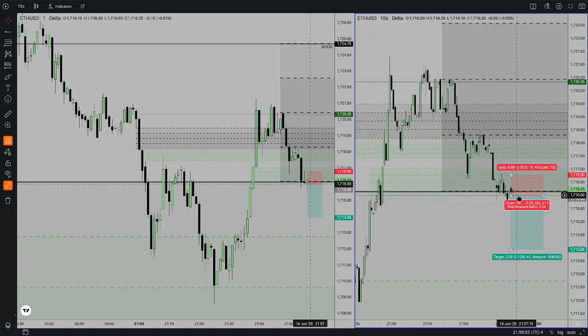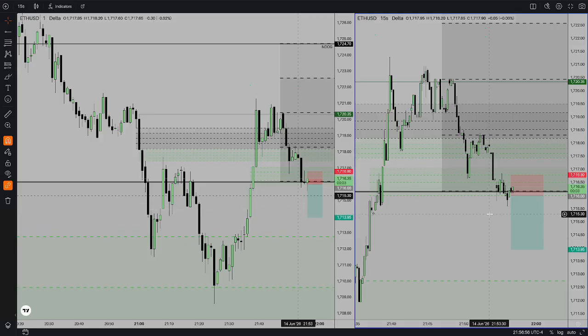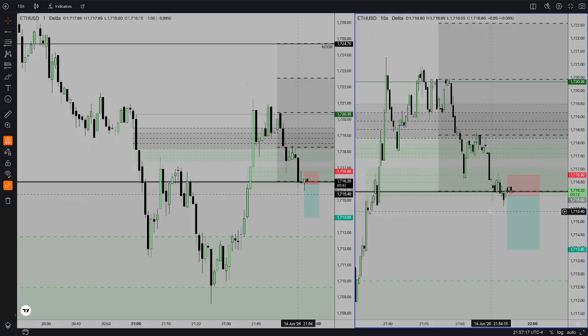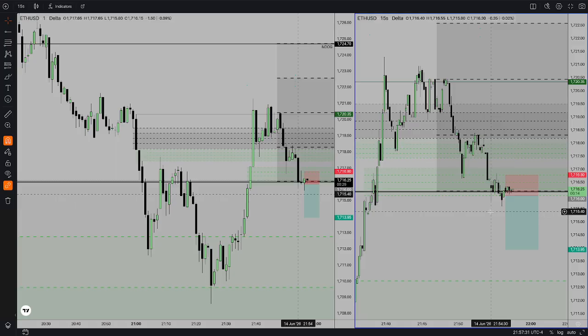It's consolidating really heavily there. Right now, it's definitely unclear.